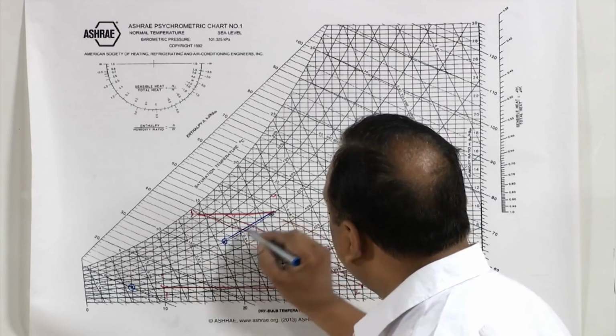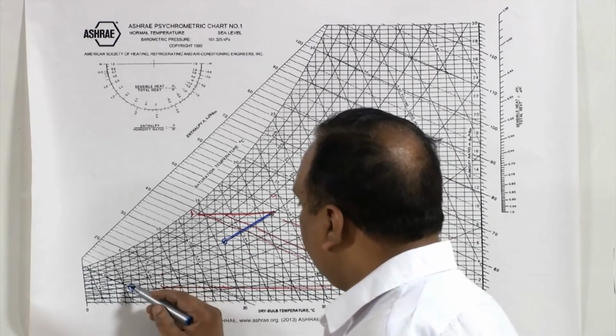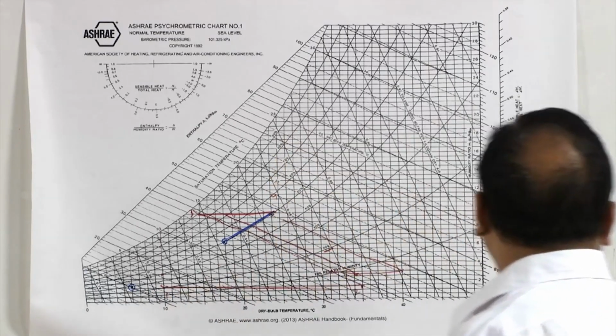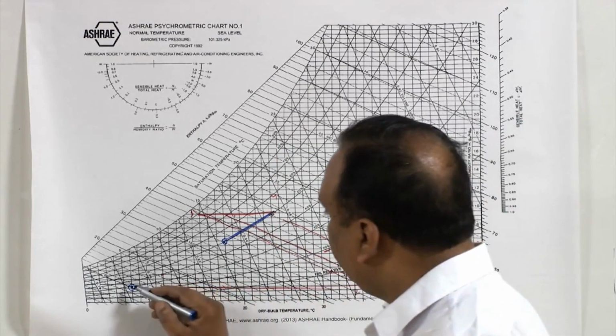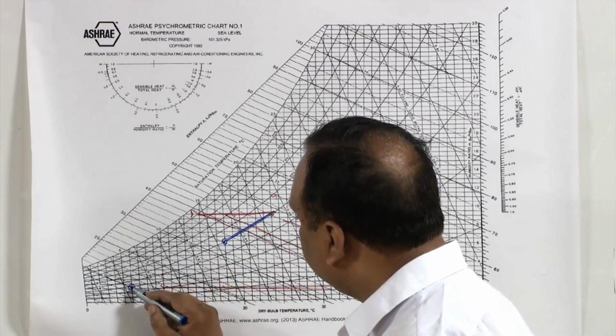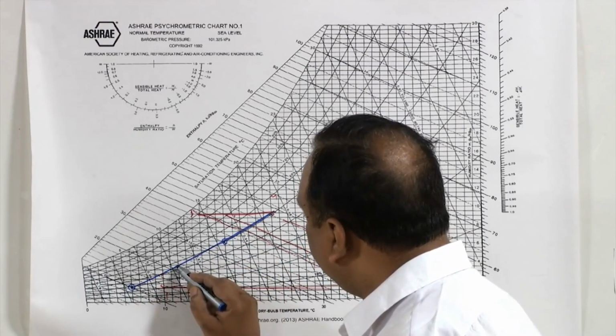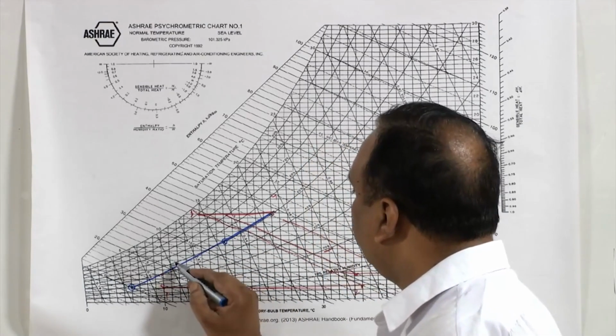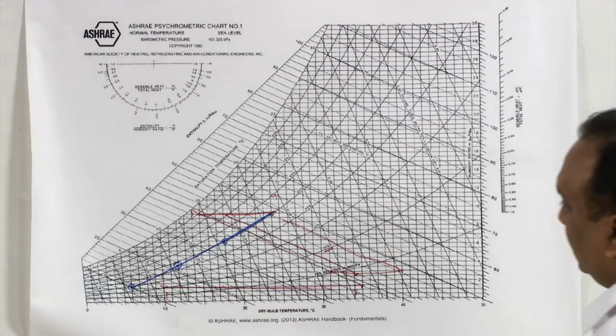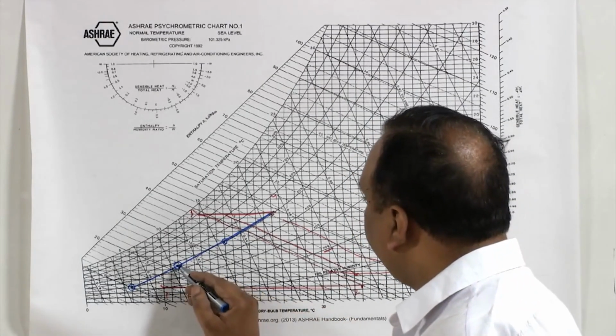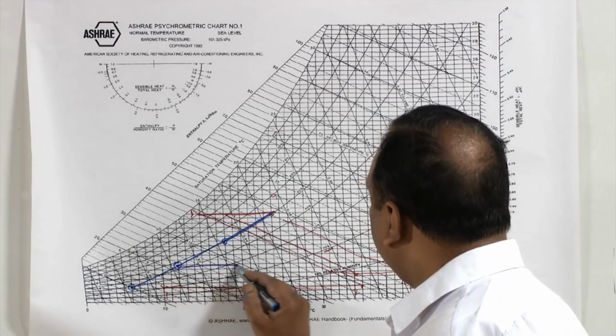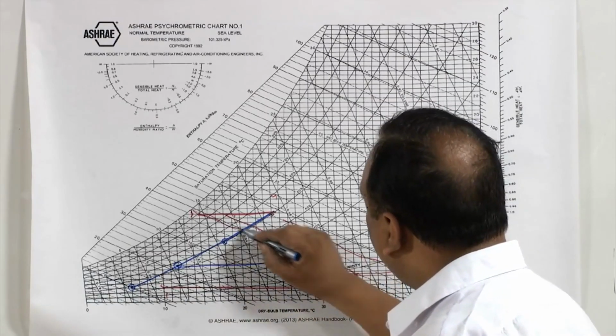So, this is the load line. Mixing, let us say 50-50 mixing is taking place. So, 50-50 mixing means 50% of this and 50% of this. I am just taking approximate values. This is the mixture, the state of the mixture. Now, this state of the mixture shall be again heated and the same process will follow.